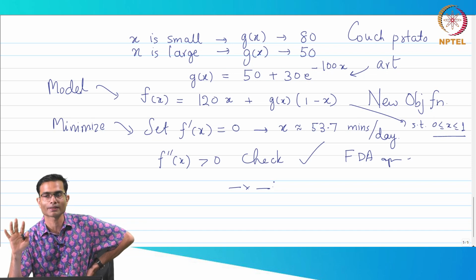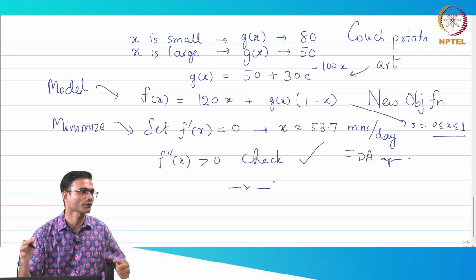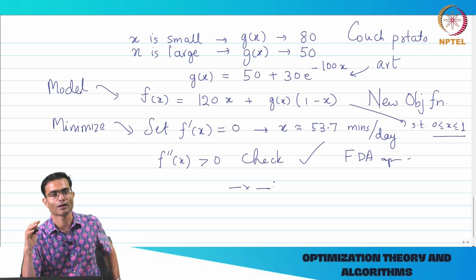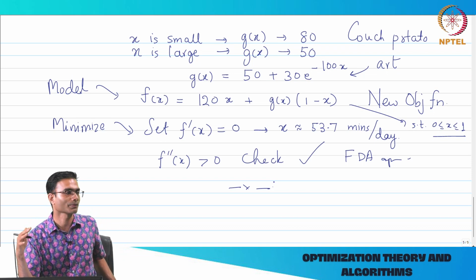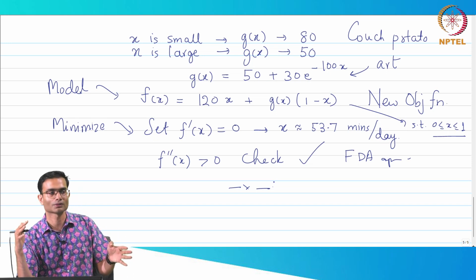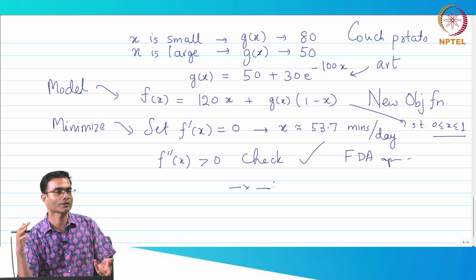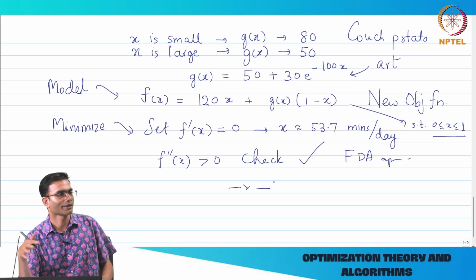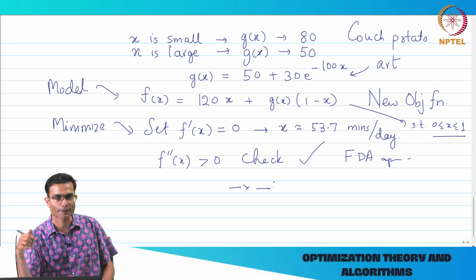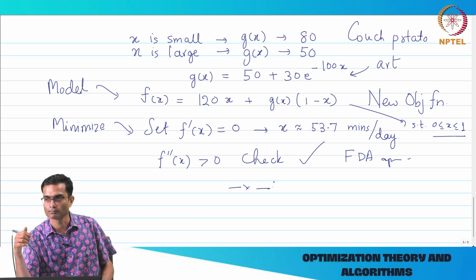Modeling the problem correctly is one of the most important parts of an optimization problem, and unfortunately this is the place where most engineers get tripped up, because they're in a hurry to solve the problem. If you don't model it correctly, you get a ridiculous answer like 80, right? And various such things can happen.